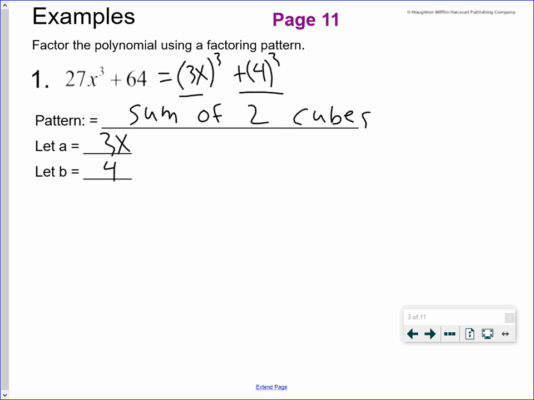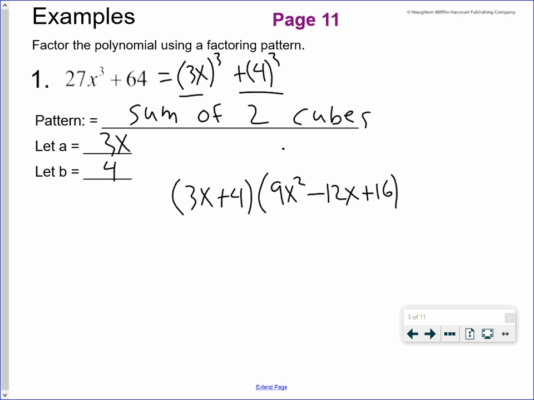So if we're going to factor it out, we need to remember what our equation is. For our sum of cubes, what we should get is a plus b, 3x plus 4, multiplied by our a squared. So 3x all squared gives us 9x squared, minus a times b, 3x times 4 is 12x, plus b squared of 16, right?